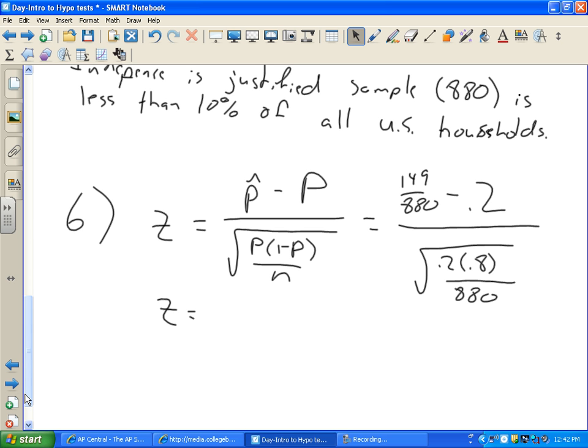No big difference between 2.2 standard deviations above and 2.2 standard deviations below, though. Yeah, I think it should be negative 2.27, something like that. Negative 2.27 is what I'm hearing.